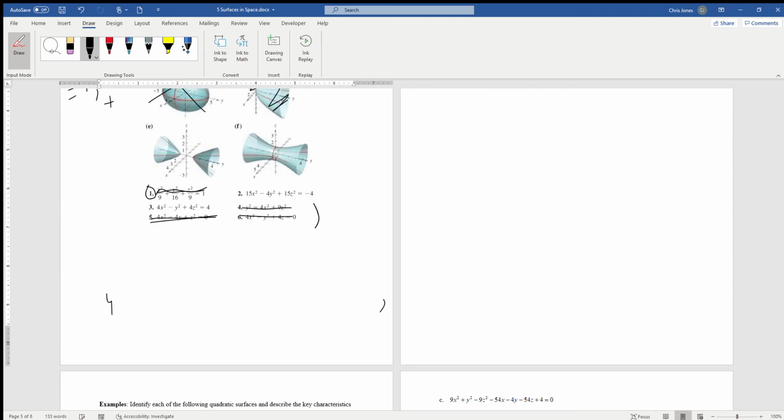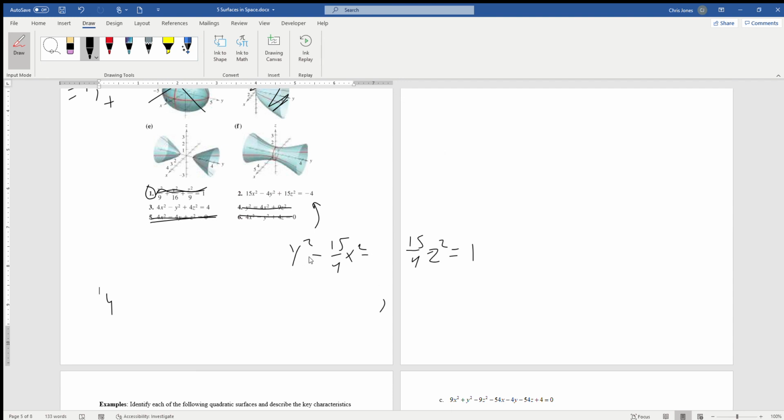Number 2, we could just divide by -4, and we would wind up with one positive on the left and 2 negatives. So that would be y squared minus 15/4 x squared minus another 15/4 z squared is equal to 1. So we have 2 negatives equal 1, so that should be on page 1.